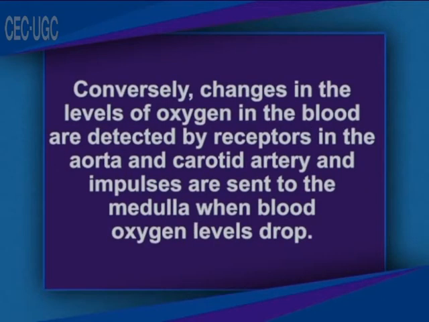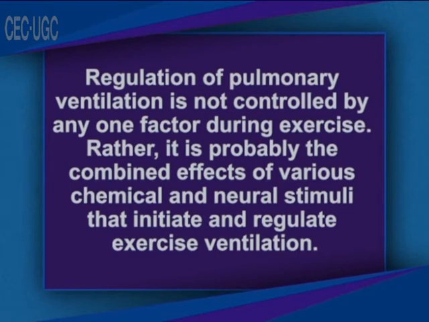Conversely, changes in the level of oxygen in the blood are detected by receptors in the aorta and carotid artery, and impulses are sent to the medulla when blood oxygen levels drop. Regulation of pulmonary ventilation is not controlled by any one factor during exercise.